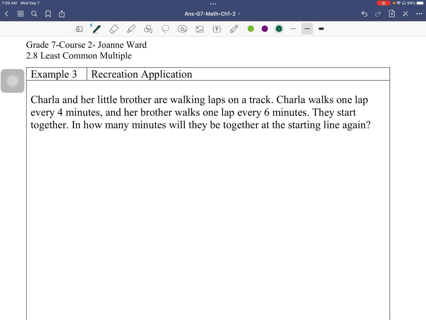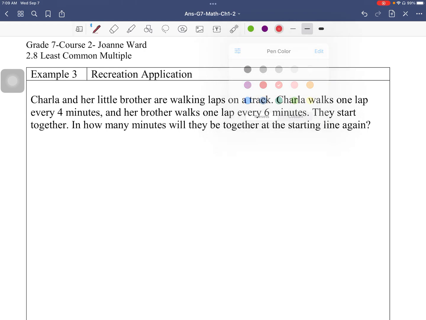Okay, example 3: Charla and her little brother are walking laps on a track. Charla walks 1 lap every 4 minutes, and her brother walks 1 lap every 6 minutes, and they start together. How many minutes until they are together at the starting line again?